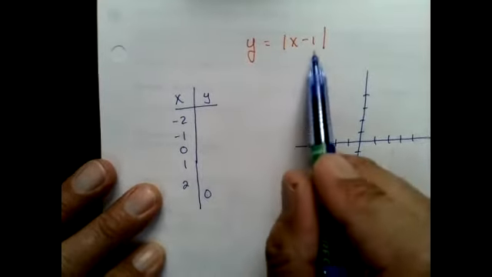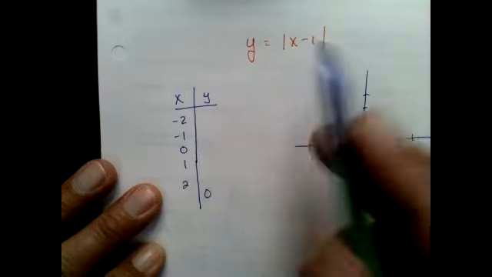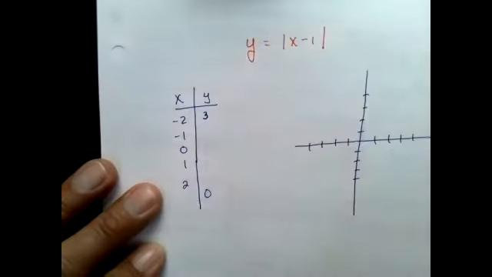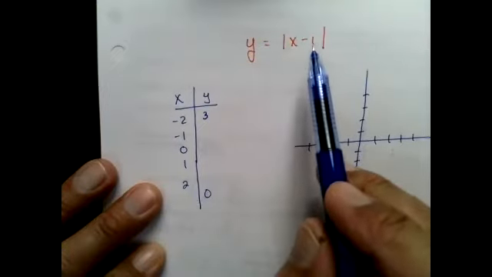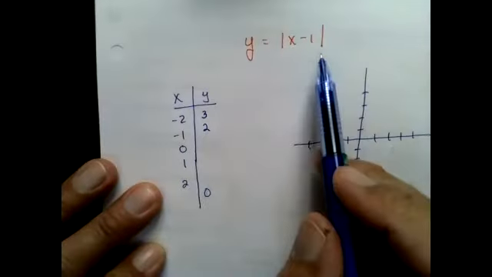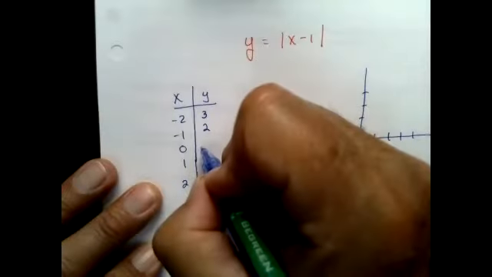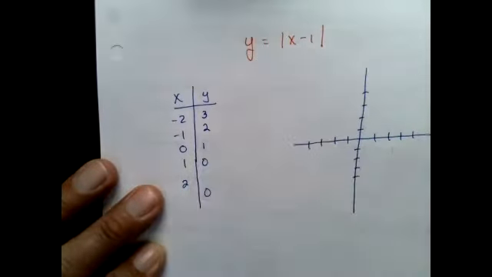If I plug in -2, -2 minus 1 is -3. The absolute value of that is 3. If I plug in -1, I get the absolute value of -2, which is 2. If I plug in 0, I get 1. If I plug in 1, it's 0.